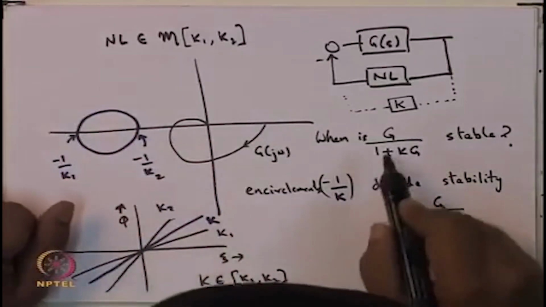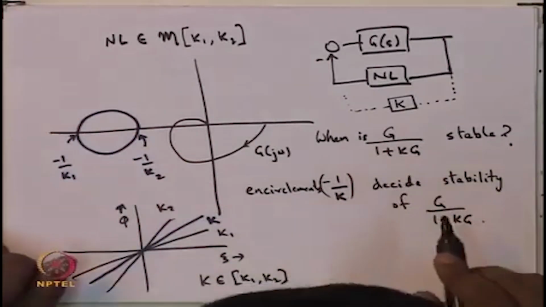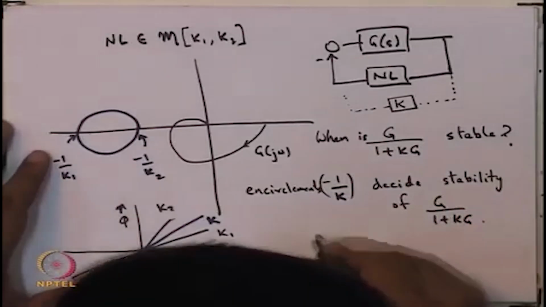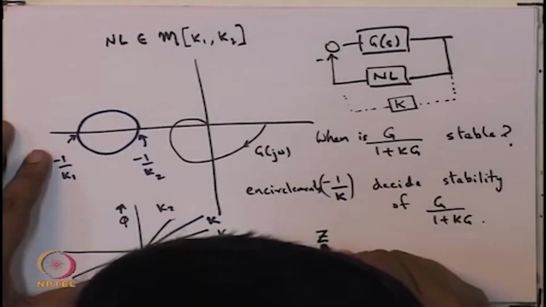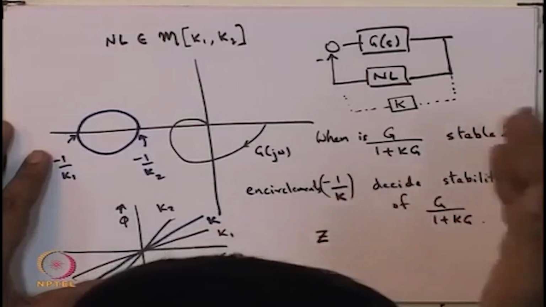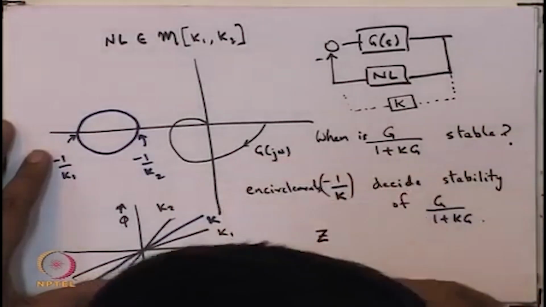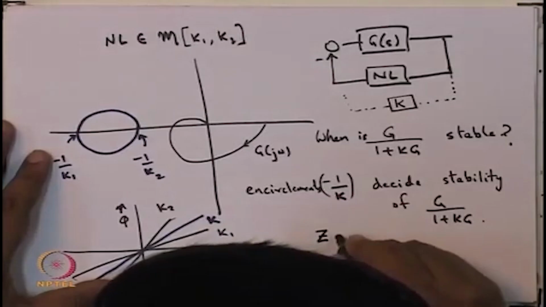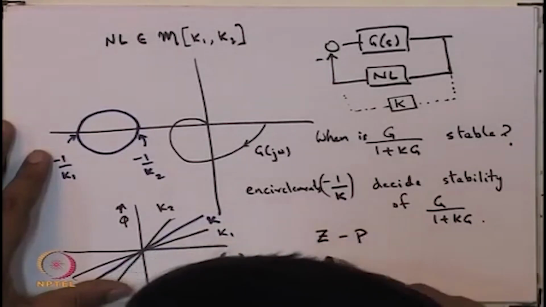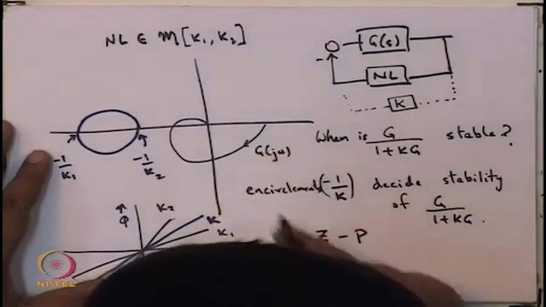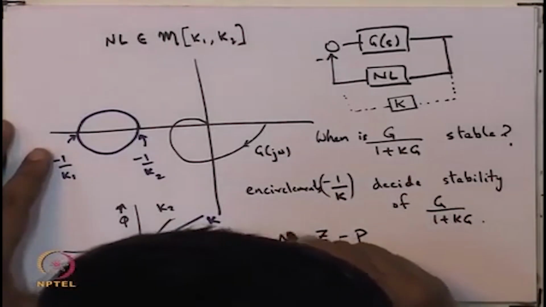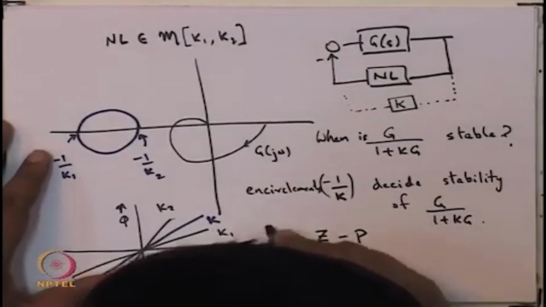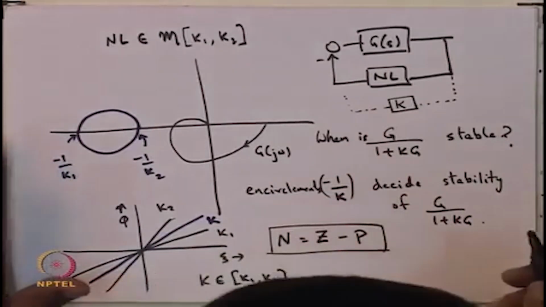On the other hand, if g was unstable, if you recall that there was this theorem, if the number of zeros in the right half plane of the transfer function is given by z, and the number of poles in the right half plane of j omega was given by p, then we had something like n is equal to z minus p, this kind of a formula in the Nyquist criterion.